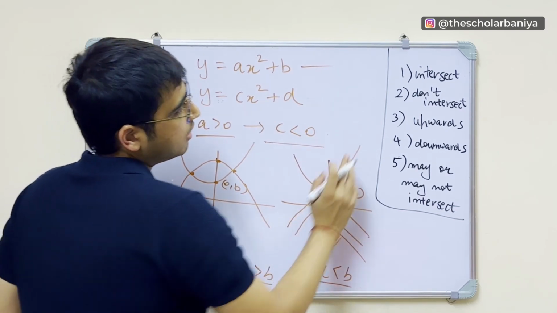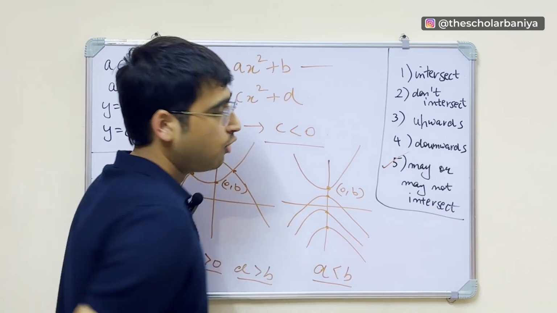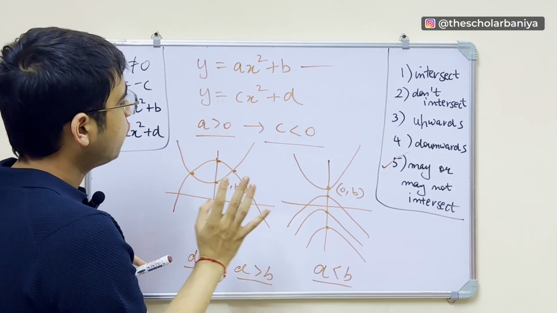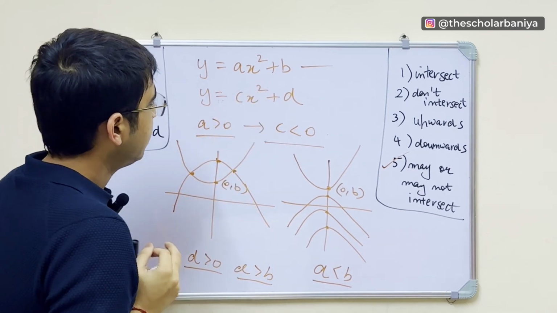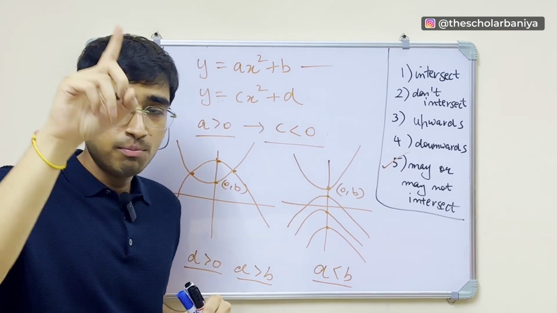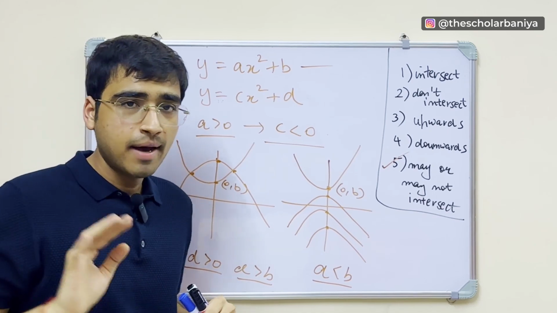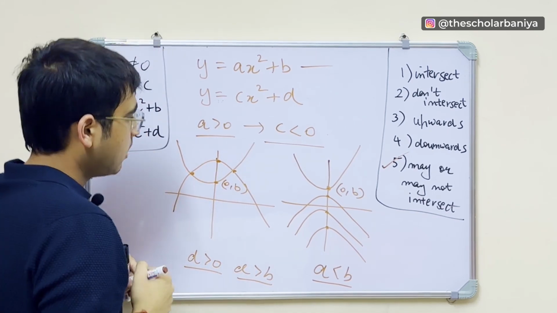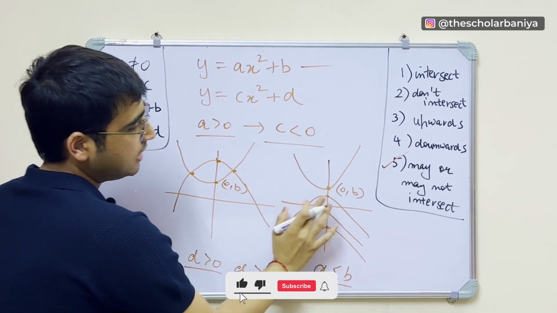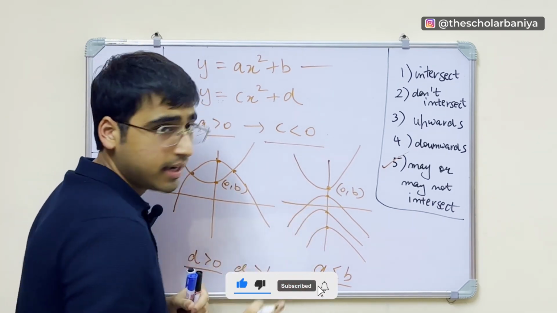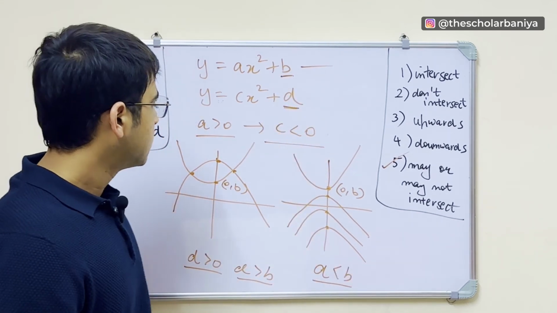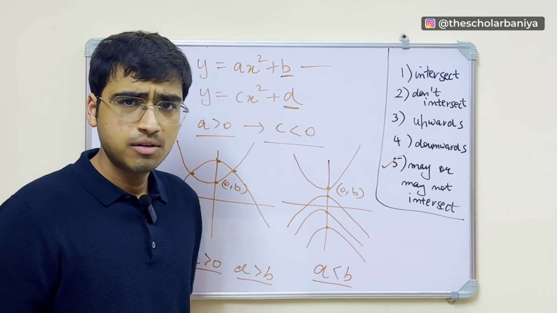That is why your final answer becomes may or may not intersect. I hope this is pretty clear. Because we knew that a and c are of opposite signs, one parabola will face upwards and the other will face downwards. One possible scenario is that these two intersect, and the other is that they do not, depending on these two values. I hope this is clear, pretty simple.